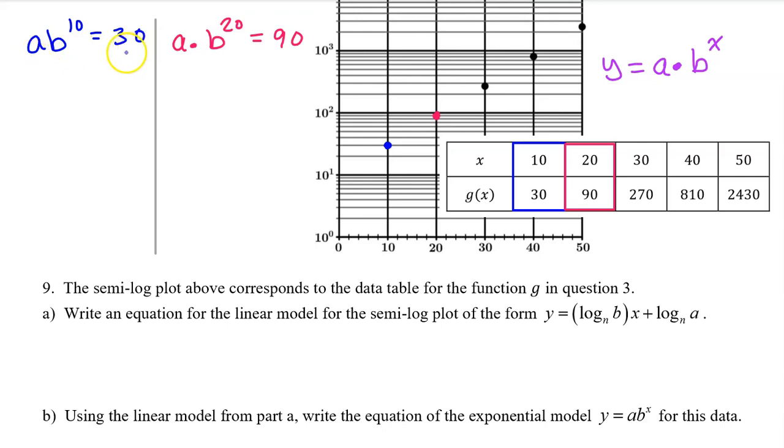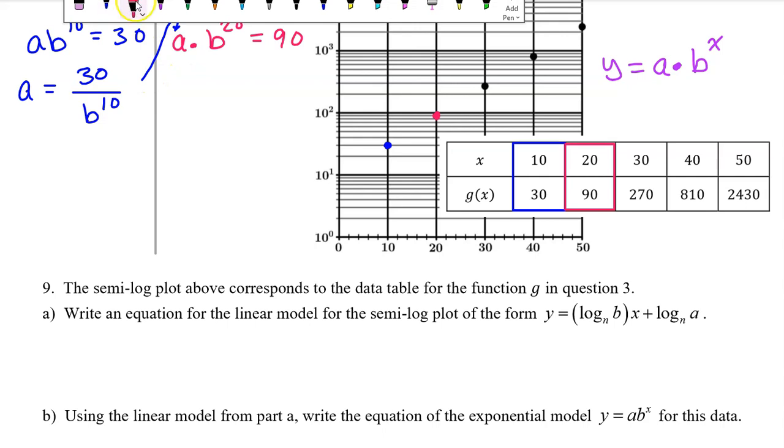On the blue side, we can get a by itself by dividing both sides of the equation by b to the 10th power. So we get a is equal to 30 over b to the 10th power. Now we can substitute this expression in for a of the red equation.